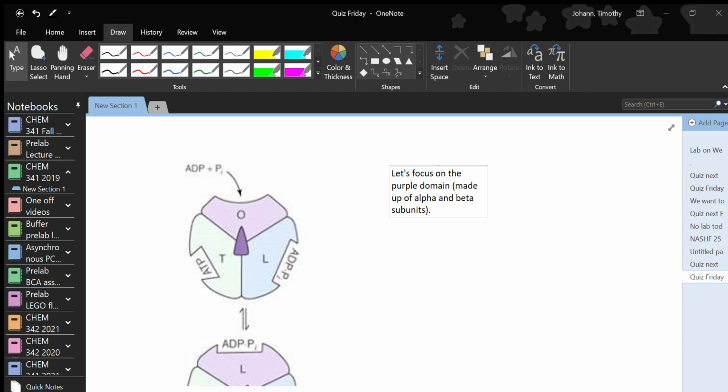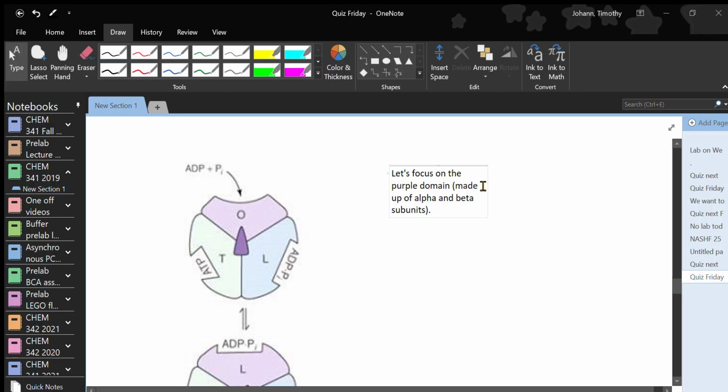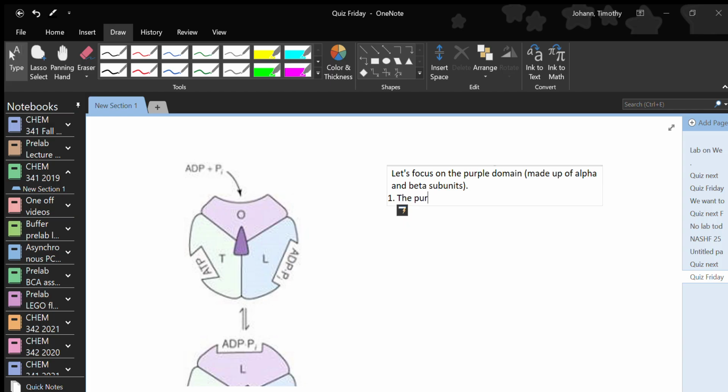A subunit is an individual protein strand or peptide, we could say. Are you guys with me? Yeah, okay, I was getting some faces. So we're going to focus on the purple subunit. Domain, thank you.